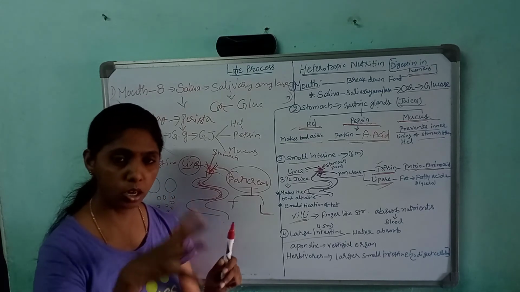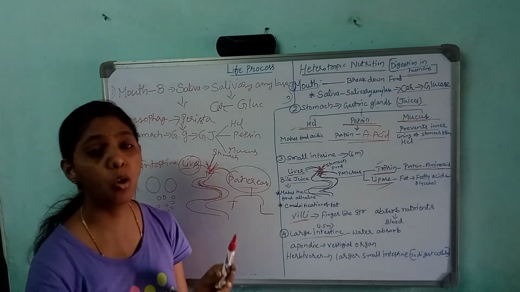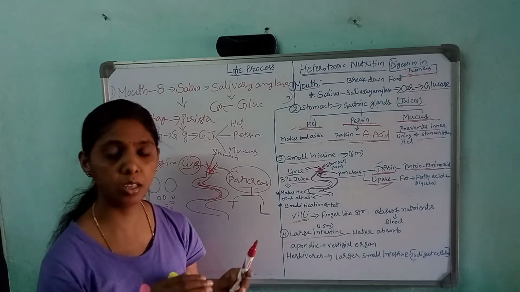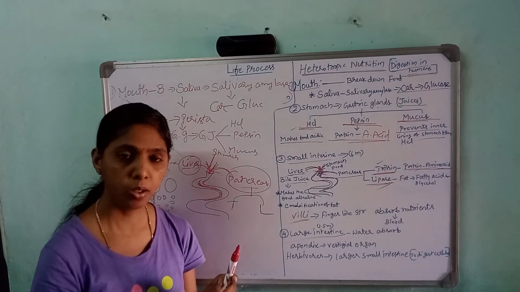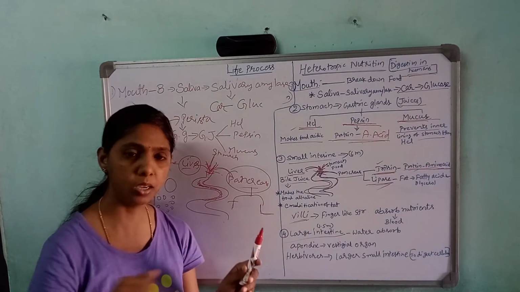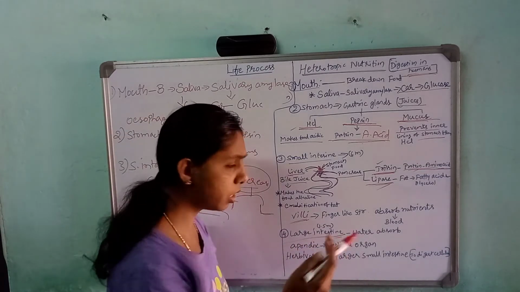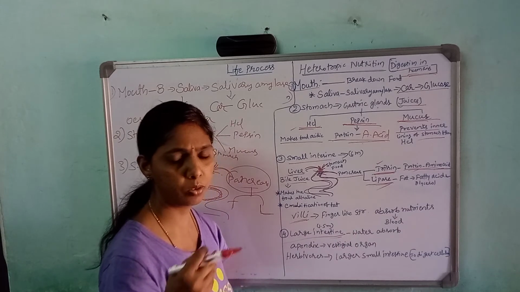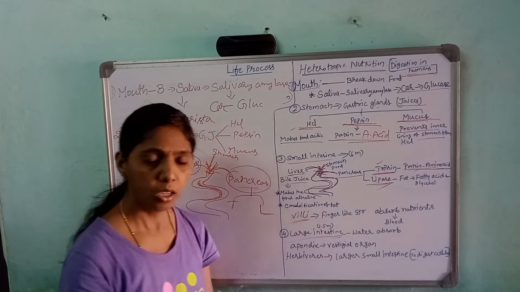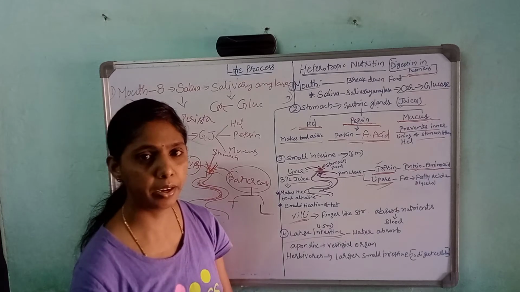But even then, there is some amount of water in that waste food. That excess water will be absorbed by the large intestine. Then afterwards, the waste product or undigested food material will be excreted out.